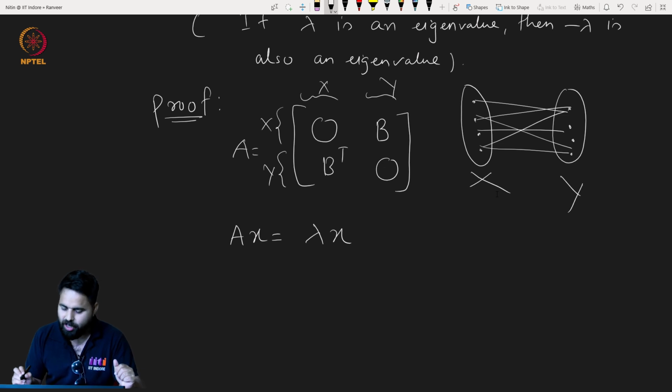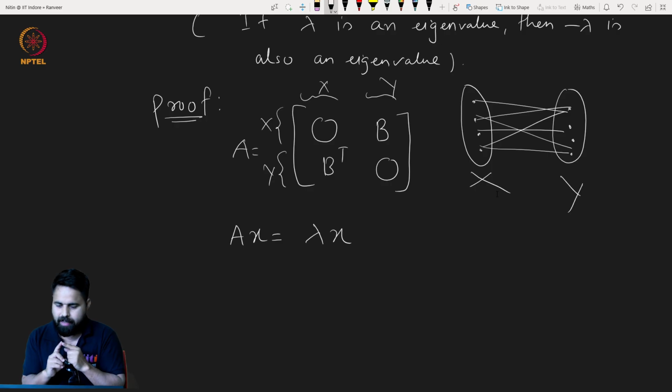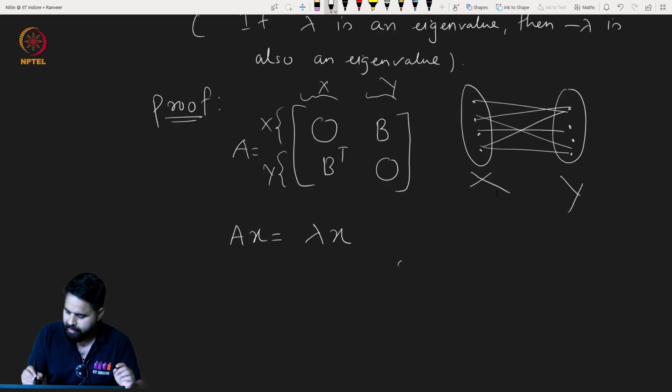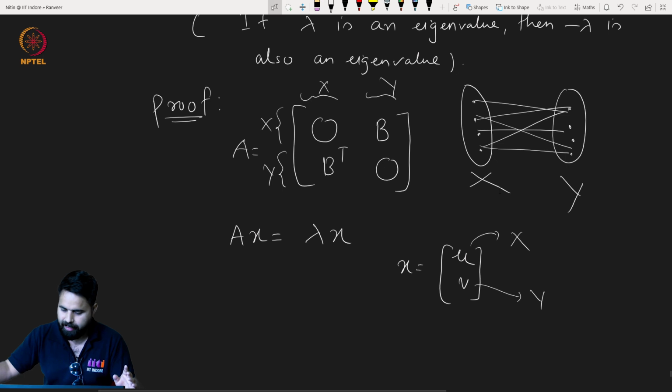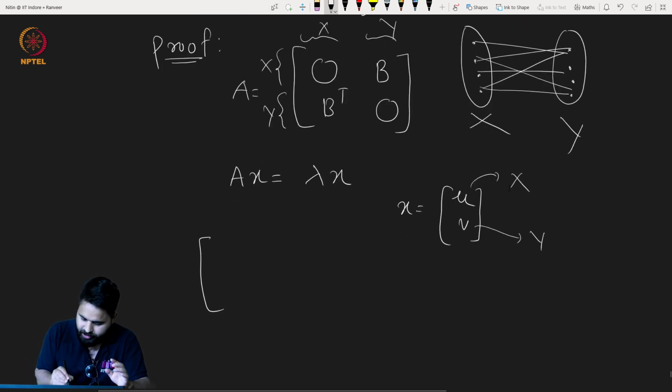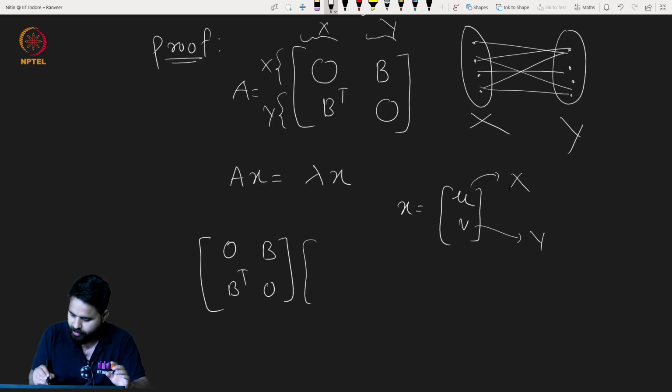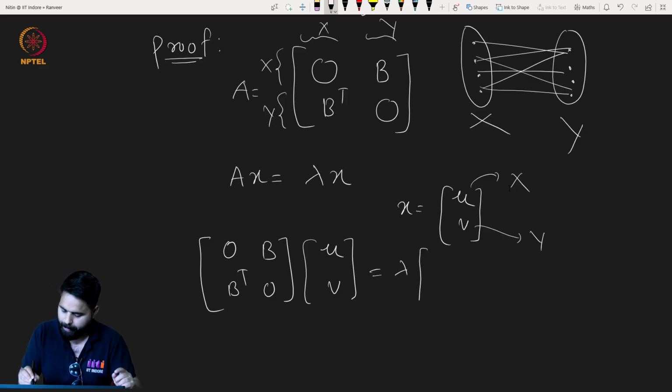I can actually break this x into two parts such that the sizes of these two parts are equal to the sizes of X and Y. So suppose I can write this as u and v, such that the dimension of u corresponds to X and v corresponds to Y. So basically it means this: the matrix [0, B; B transpose, 0] times (u, v) equals lambda times (u, v).